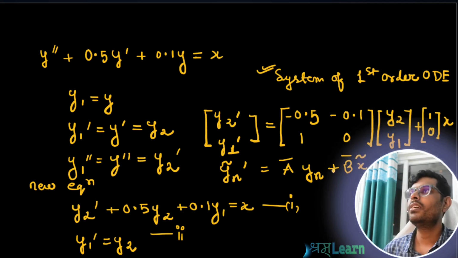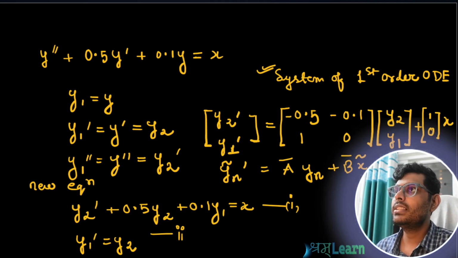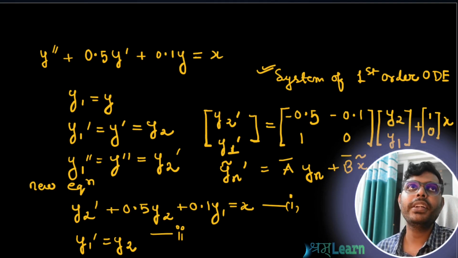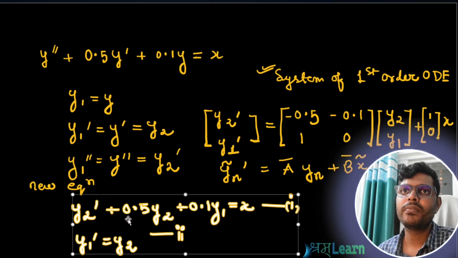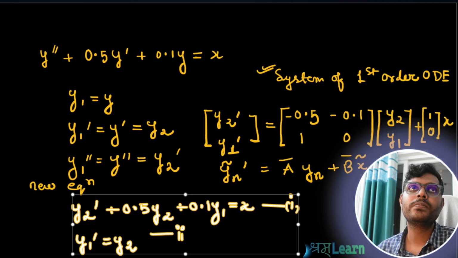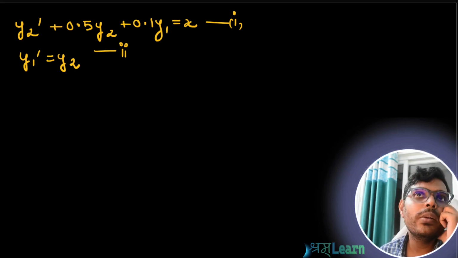Okay, so this is a compact representation, but how do we solve this? So that is the question. The important question remains, how do we solve this? So how do I go about solving this?